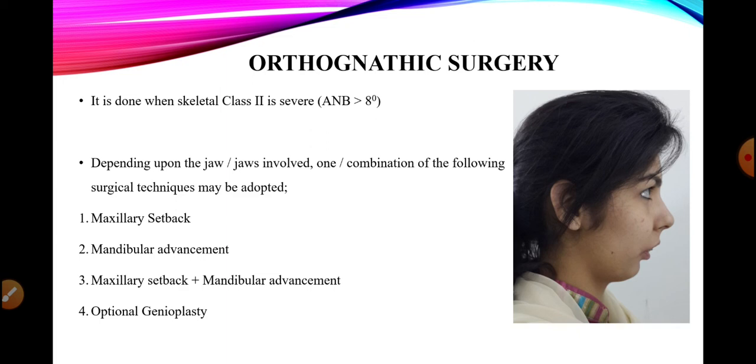So which jaw surgery is to be performed depends upon the jaw or the deformity or the discrepancy that is involved. For example, we can go for maxillary setback in cases of prognathic maxilla, or mandibular advancement in cases of retrognathic mandible, and in cases of combination discrepancy, you'll be going for maxillary setback and mandibular advancement.